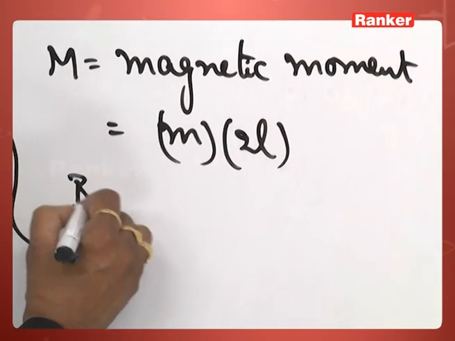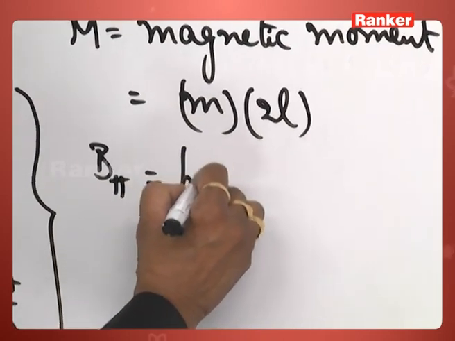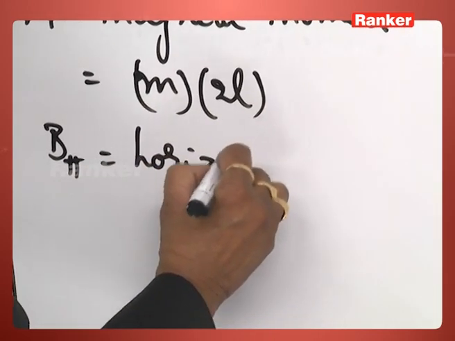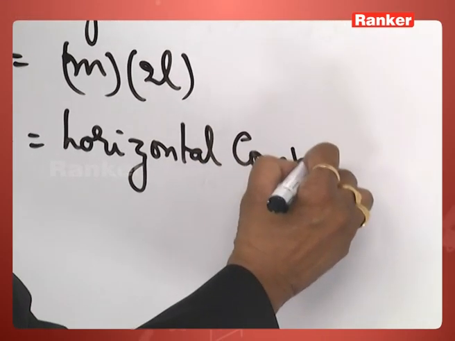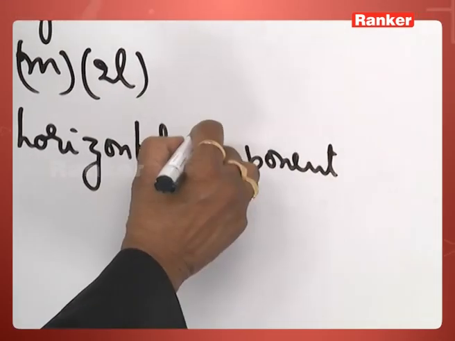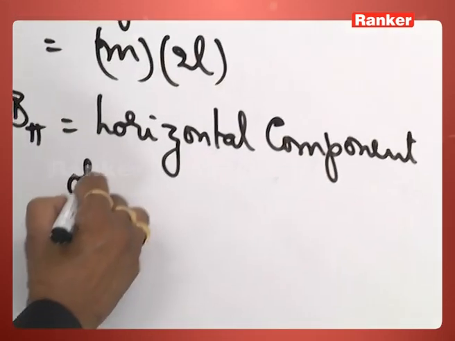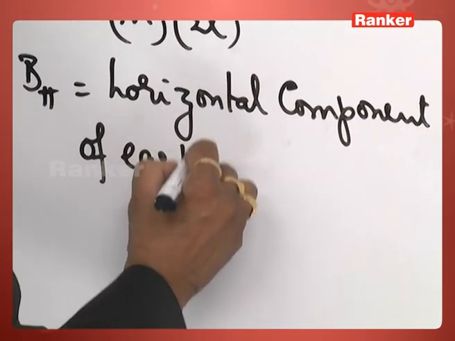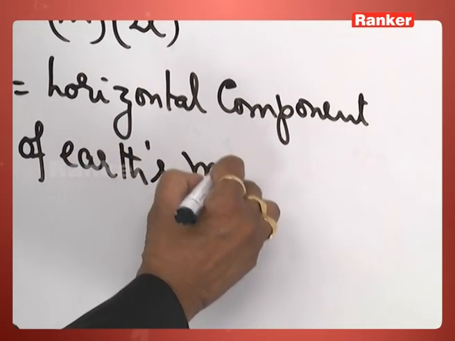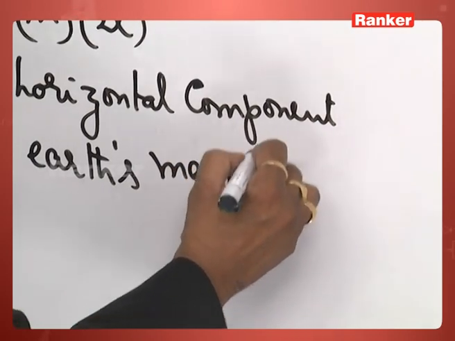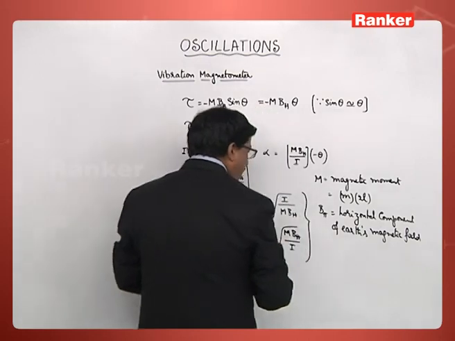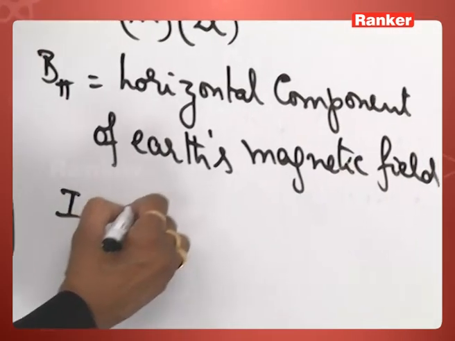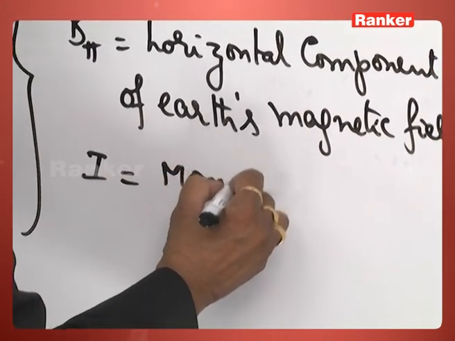And in this case BH, we call it the horizontal component of Earth's magnetic field. That is the concept. And what is this I now to be called? It is the moment of inertia.